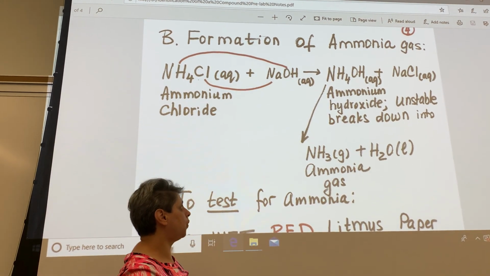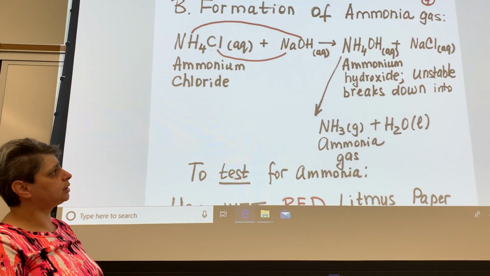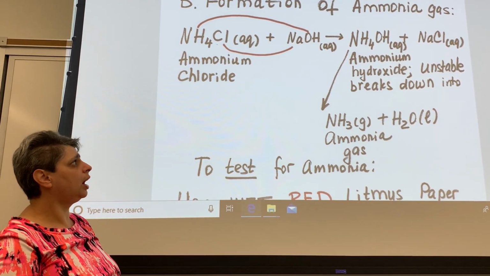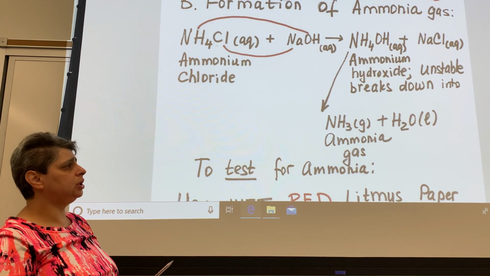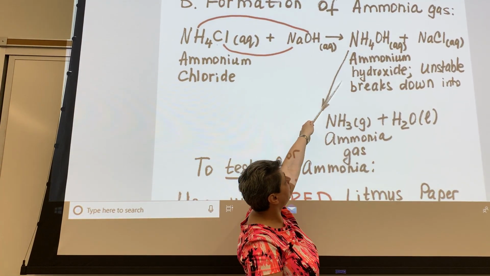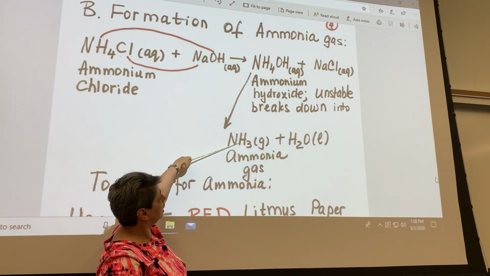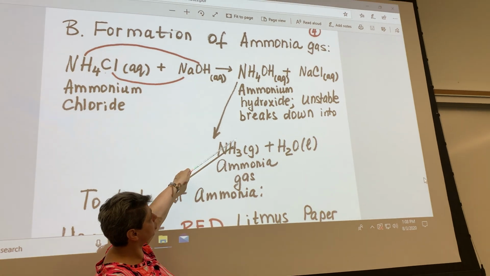In fact, we often in the lab refer to ammonium hydroxide as just ammonia solution. So if you hear your TA say you need to add more ammonia, it typically means more ammonium hydroxide. So ammonia dissolves in water, produces ammonium hydroxide, which then quickly breaks down into NH3 and water.